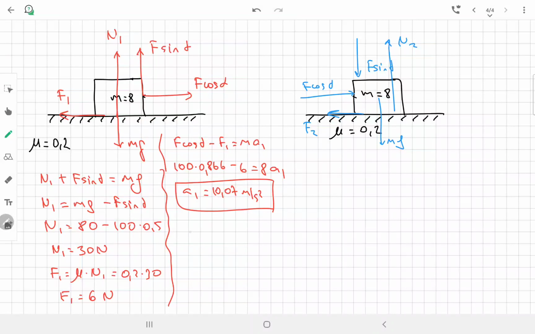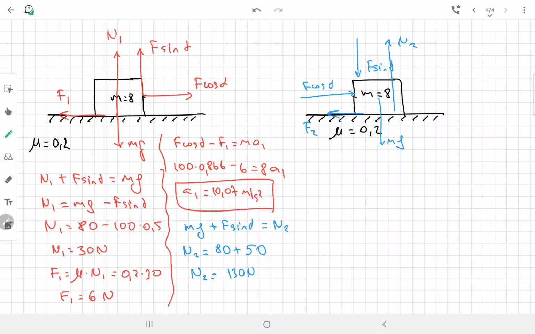So let's pay attention to the forces in vertical directions. Weight is directed downward and the F sine alpha also downward. Upward we have N2. So from here we can find the reaction force. Weight is 80, vertical force is 100 times sine 30, which is 50. So normal force in this case will be 130 newtons.